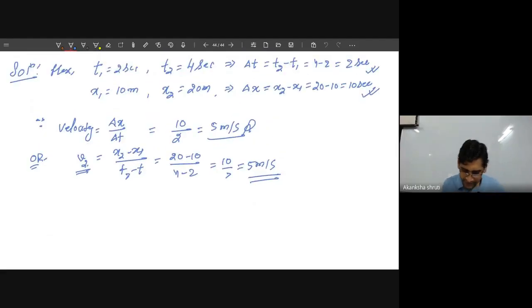Whether the body is moving in uniform motion or non-uniform motion, that we want to state here.